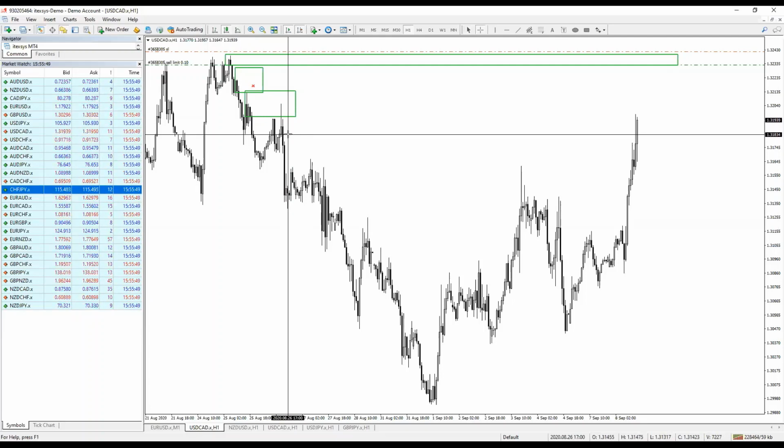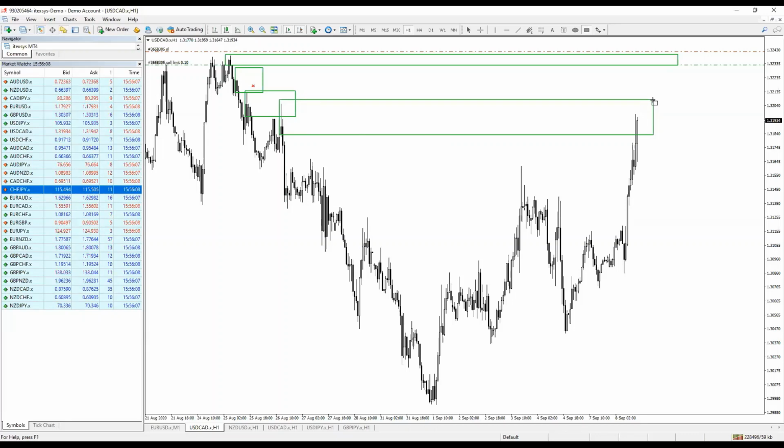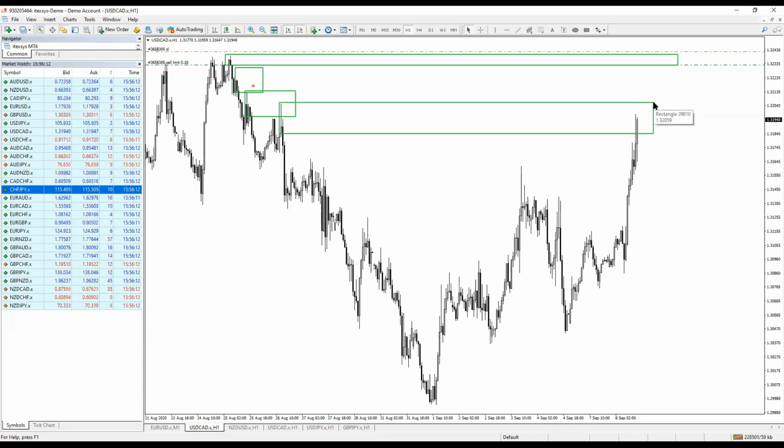The decision point would be right about here, and our stop loss would be above this top. Here is our risk, and let's stretch it all the way to the future, and apparently now is the future.